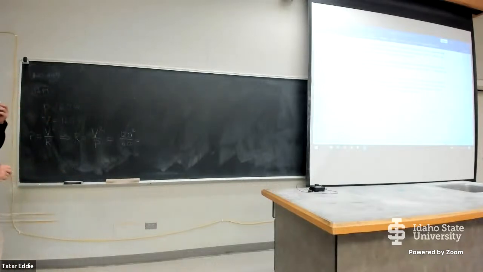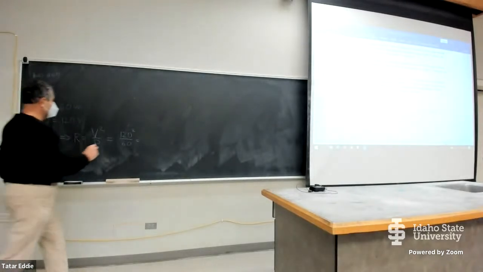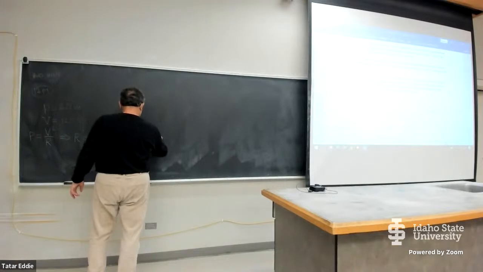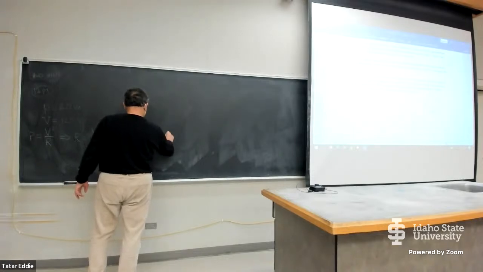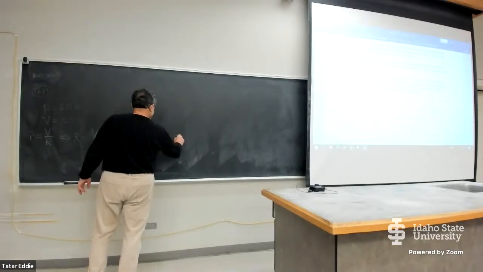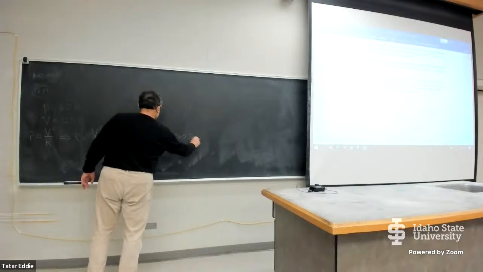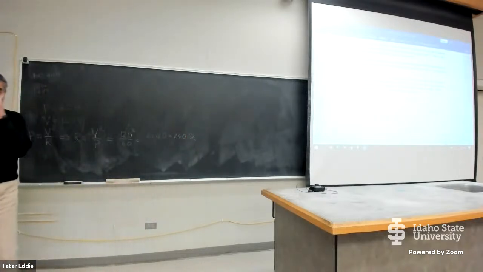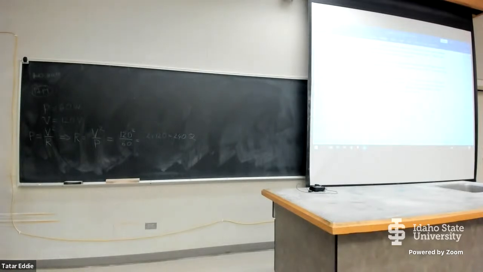And you have to do the arithmetic, or maybe I should do it. 2 times 120 is 240, right? 120 squared divided by 60 is 240, right?